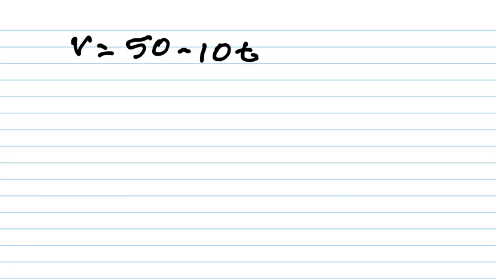So if we're going to calculate its vertical height, I need the formula for height, right? Not the formula for velocity. So to get to height, what we'll do is first simply take the antiderivative. So that means we're changing the function to an s function.